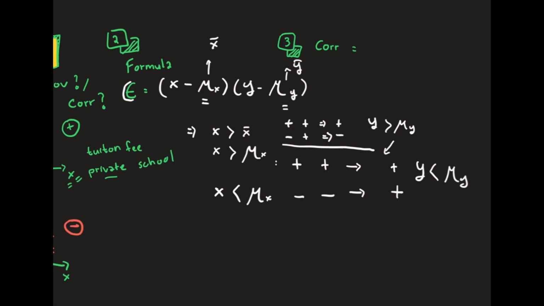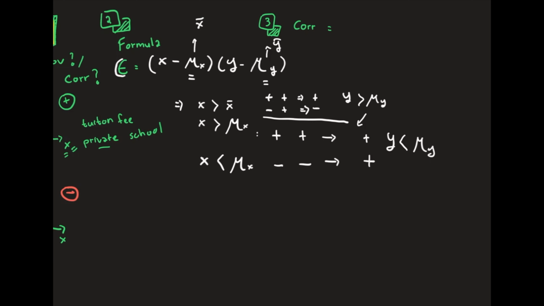Then what if x is bigger than mu x, which is plus, but y is smaller than its mean, which is minus? It becomes minus.